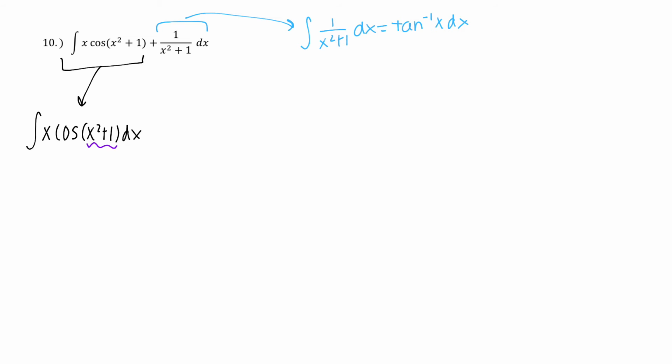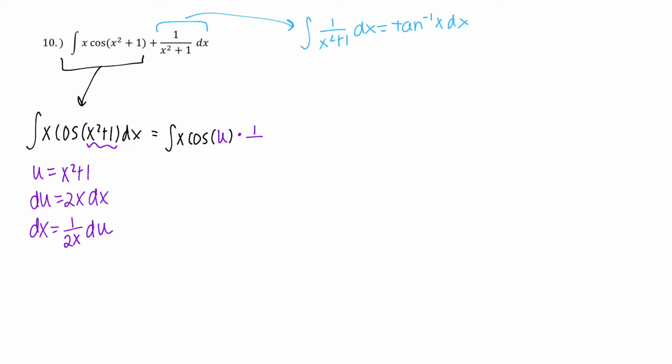So I'm going to let my u be the inside of cosine. My du will be 2x dx. My dx is 1 over 2x du. And then I have x, cosine of this will now be u, times 1 over 2x du.